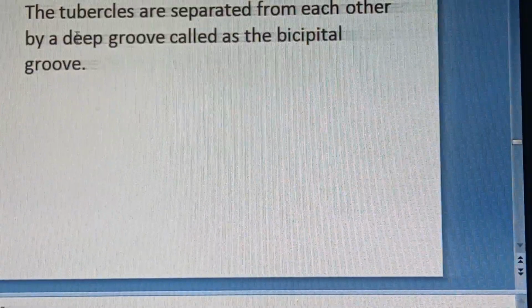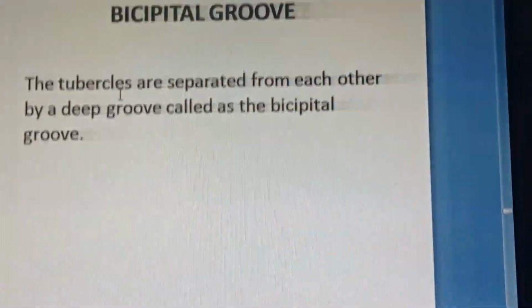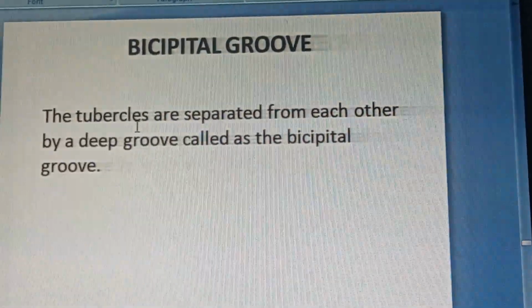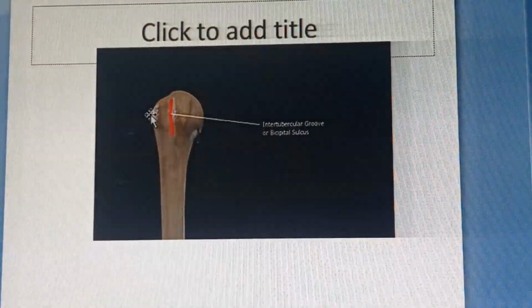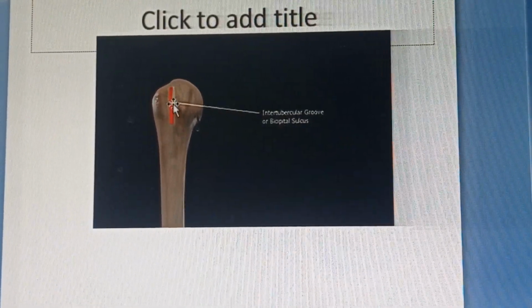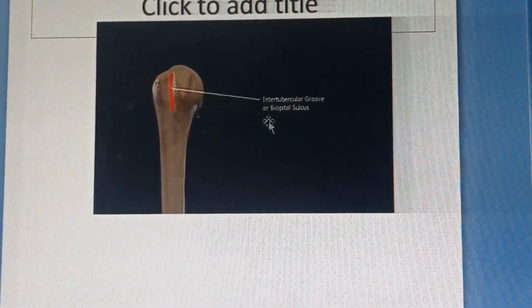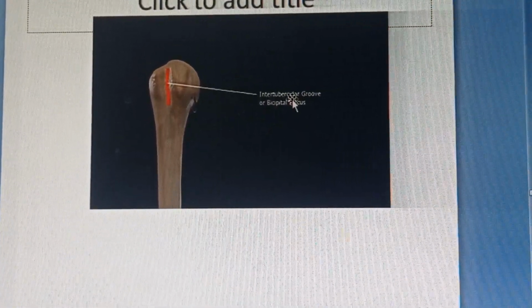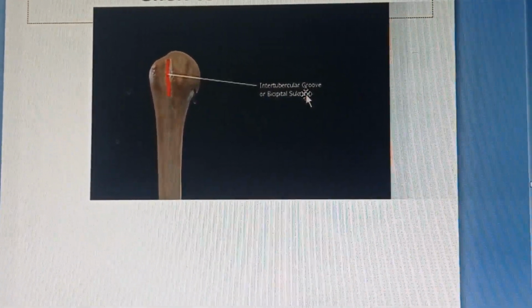Bicipital groove. The greater and lesser tubercles are separated by a deep groove, which we call the bicipital groove. This is greater, this is lesser. They are separated from each other by a groove, which we call the bicipital groove or intertubercular groove.